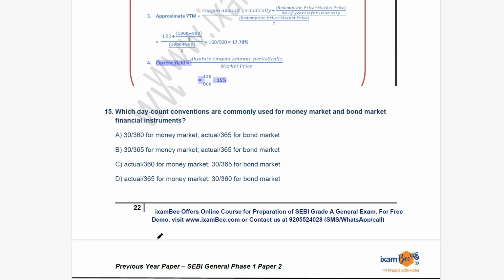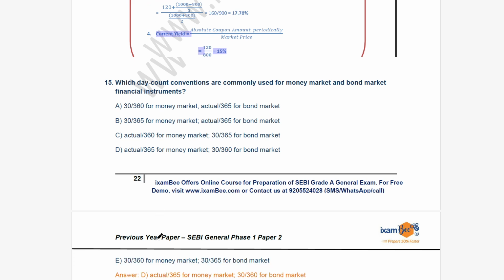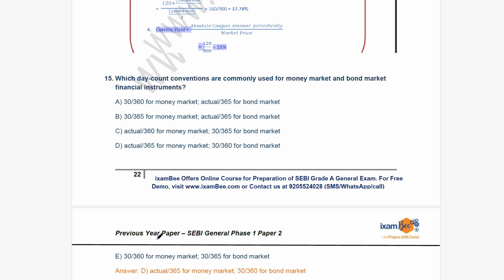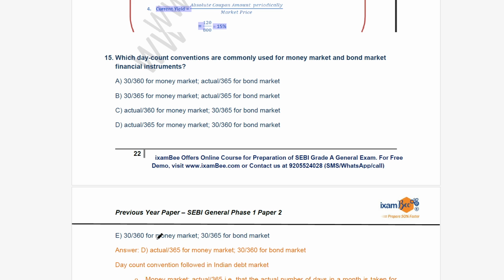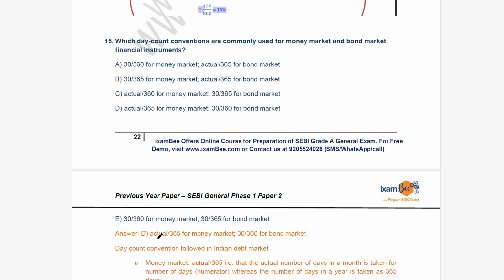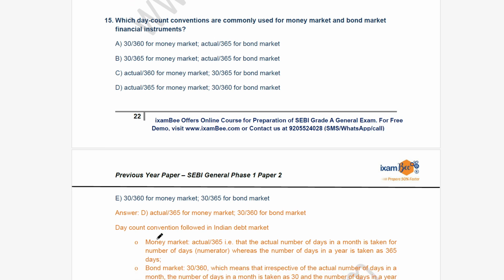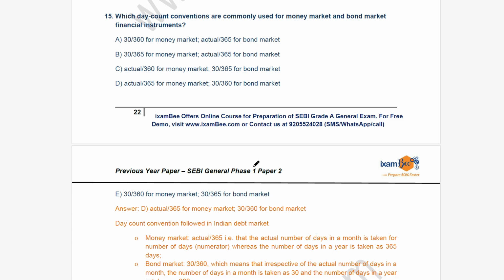This question many people found a unique question. However, I'm very proud to say that we had already covered this kind of aspect, because when we are covering topics, we understand every conceptual aspect that a person should be aware of. So they had asked about the day count conventions used in the money market and the bond market instruments. The correct answer here is, in case of money market, actual by 365 is used, and in the bond market, or the long-term market of the bonds, 30 by 360 is used.